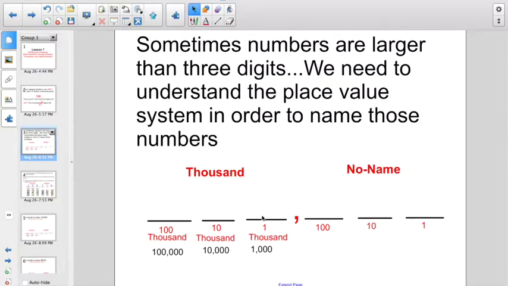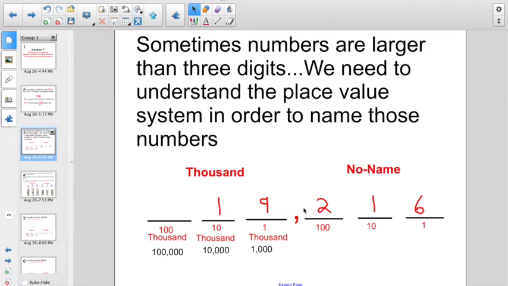The next group, though, instead of ones, tens, and hundreds, is 1,000, 10,000, and 100,000, making up the thousand group. When you say these 3 numbers, you have to say the word thousand after it.